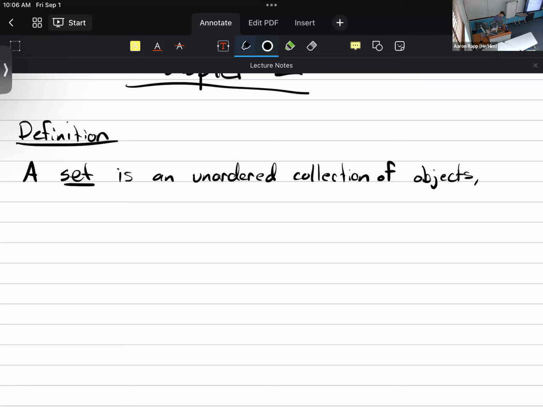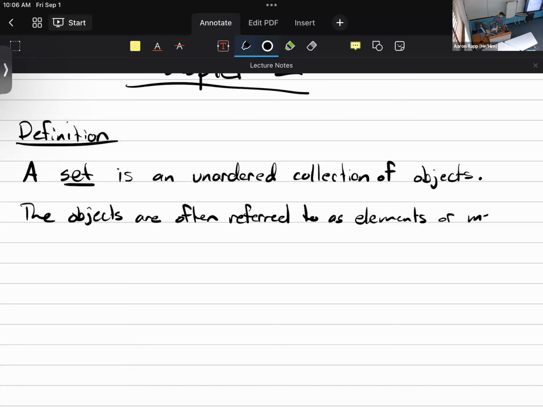And those objects are often referred to as elements or members. So it's just an unordered collection of objects.